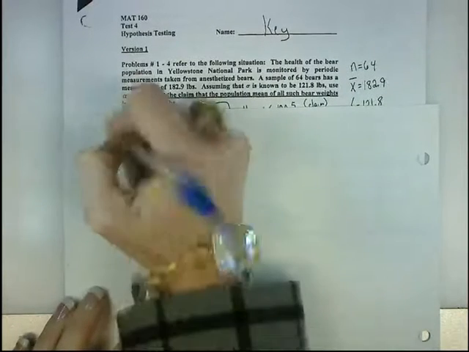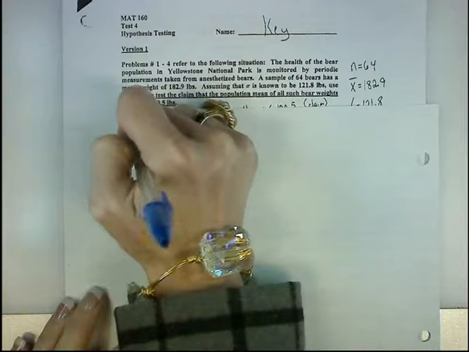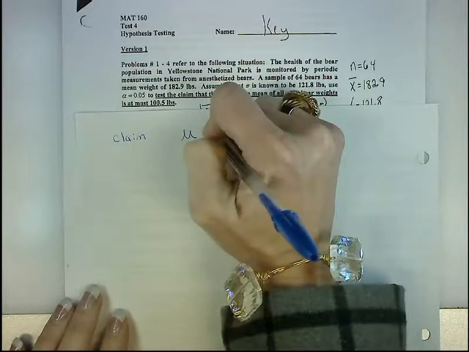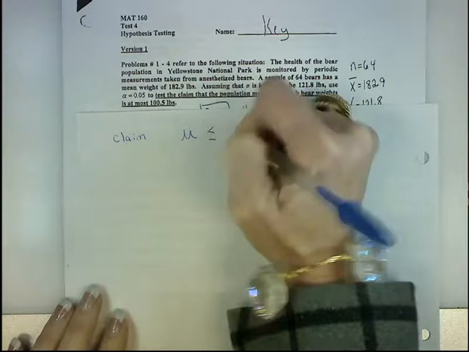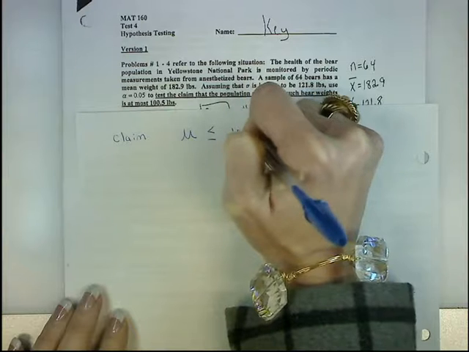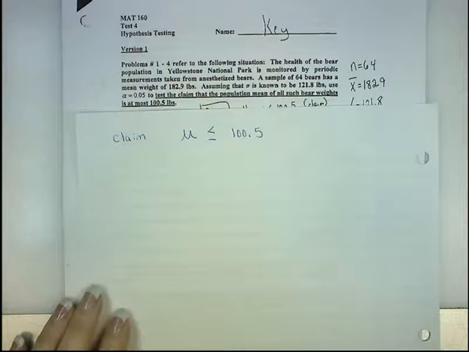The claim is stated at the very end. Test the claim that the population mean, and that'll be mu, of all such bear weights is at most 100.5 pounds. At most as a symbol is less than or equal to. Therefore, there is your claim.